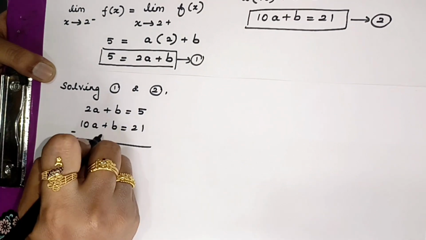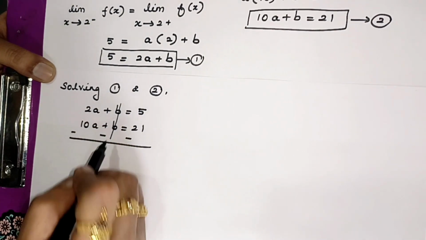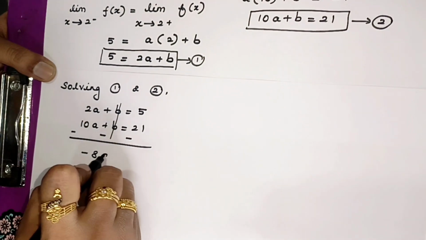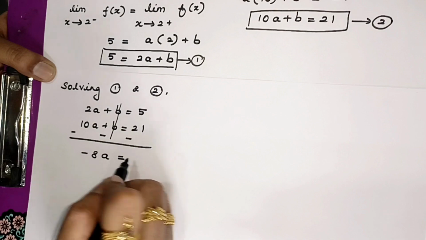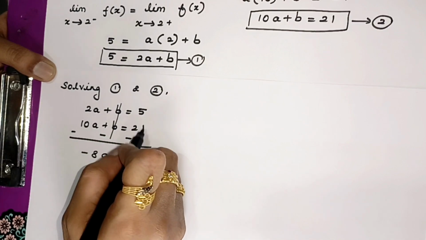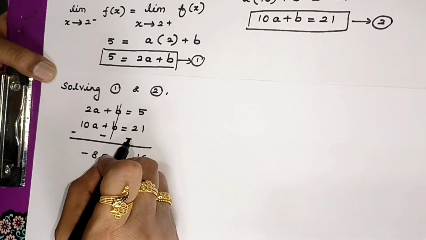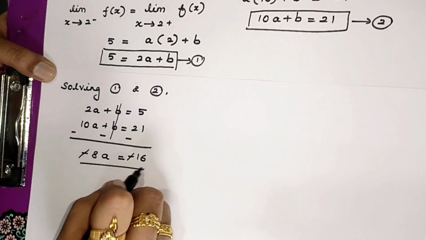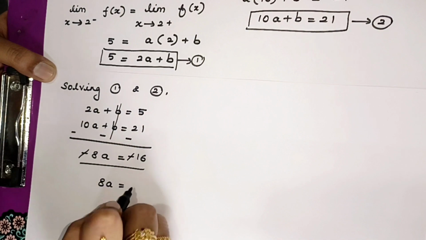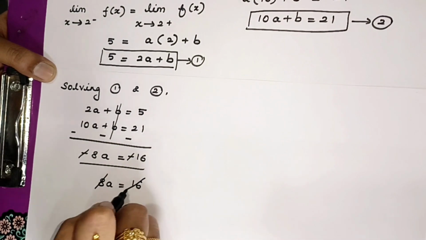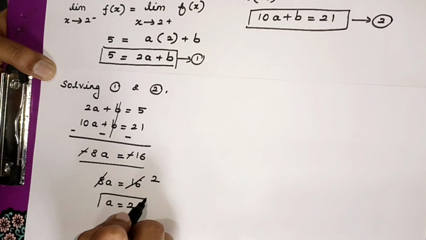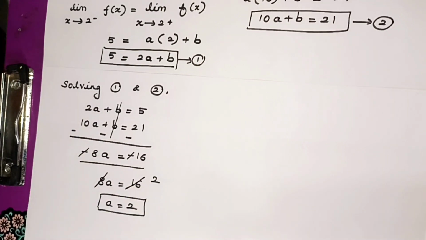I am going to change all the signs. Plus b and minus b get cancelled. Opposite signs mean we subtract and use the greater number's sign. So minus 8a equals, subtracting 21 and 5, we get 16. The greater number's sign is minus, so minus 16. Minus minus get cancelled. So 8a equals 16. In 8th table, 16 is 2. So we have obtained a is equal to 2.